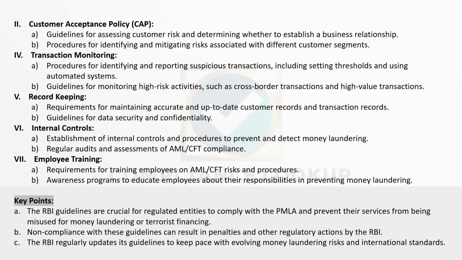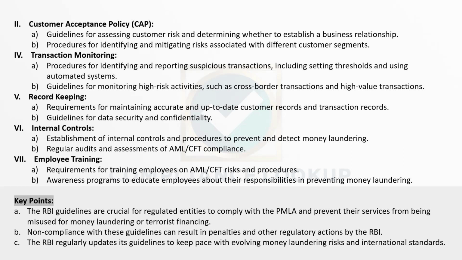Third, transactions involving cross border funds, cash deposits, or high value transfers are flagged for further investigation. Example: if someone suddenly deposits Rs 1 crore into their account and transfers it abroad without a clear reason, the bank system will flag this transaction as suspicious. The bank is required to report this to the FIU-IND.